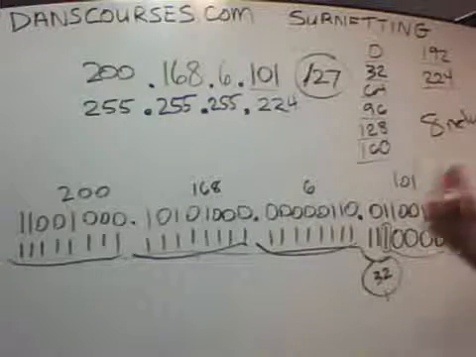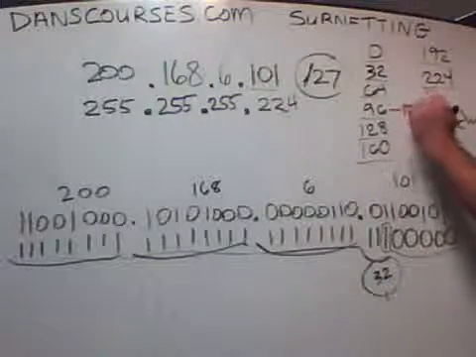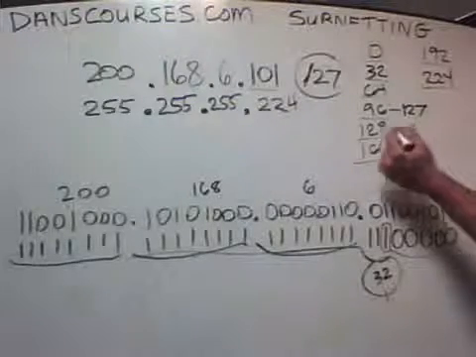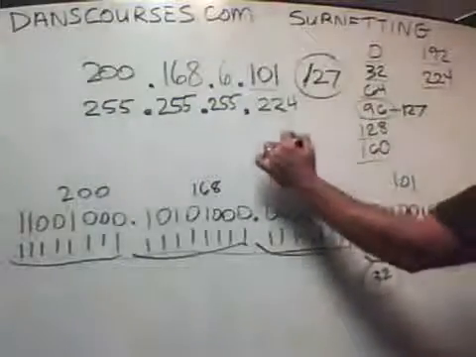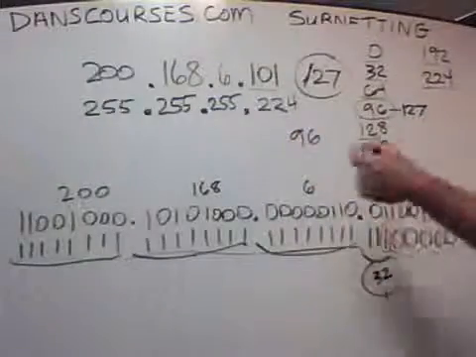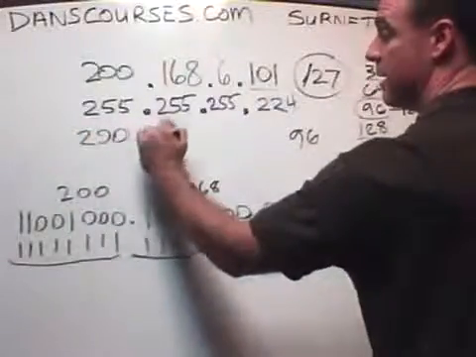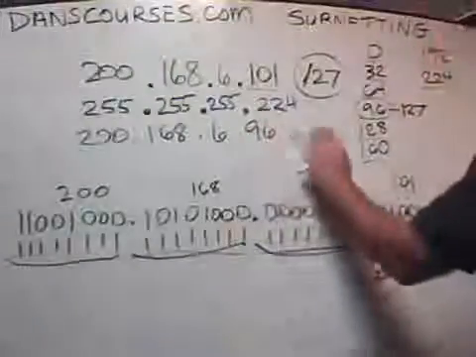Well, in this case, 96 to 127. The next network is 128. This network's 96. It belongs in the .96 network. So what network is 101 in? It's in the 200.168.6.96 network.